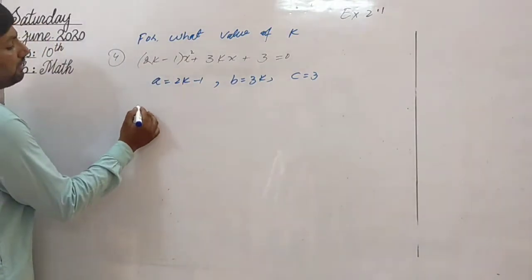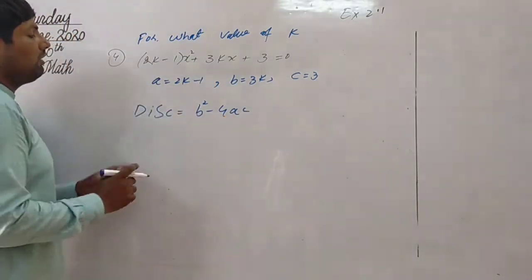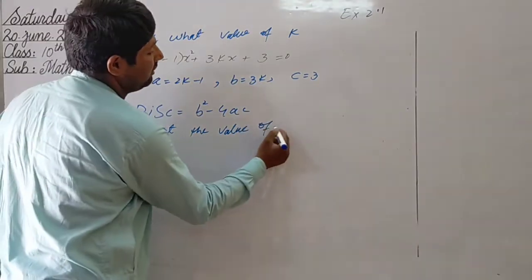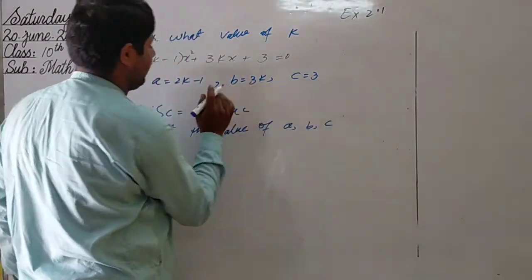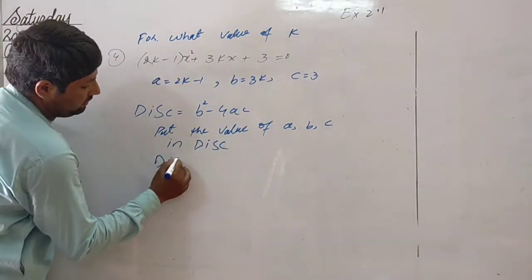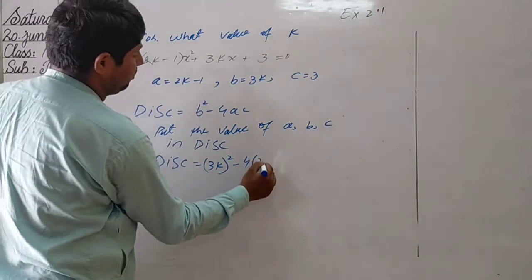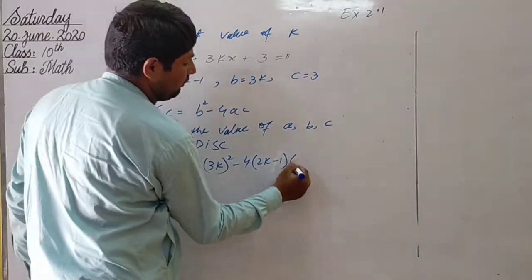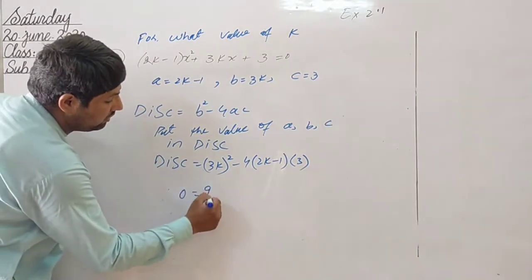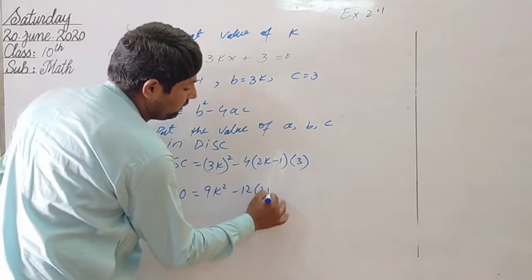Now apply the formula: discriminant is equal to b square minus 4ac. Put the values of a, b and c in this. Discriminant is equal to (3k) square minus 4 into (2k minus 1) into 3. The discriminant is equal to 0. 9k square, the square of 3k. 4 times 3 is 12, minus 12 into (2k minus 1).